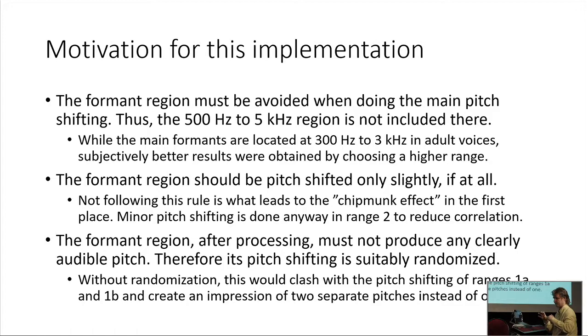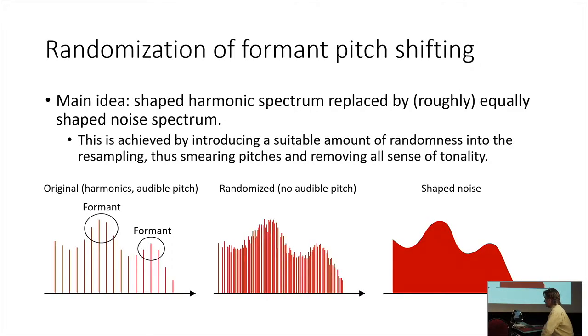And if those are not smeared enough by randomization, then you will hear two pitches, and they will usually be dissonant, of course, because if you just maintain the formants and you play whatever pitch shift in the fundamental, you can end up with any kind of unmusical interval. So what has to be done is actually this kind of thing.